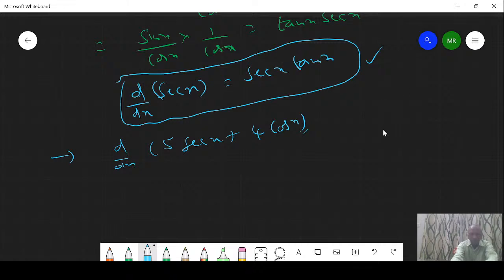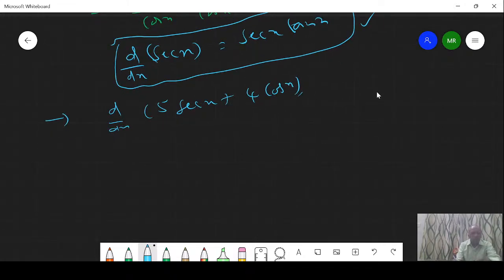Now to simplify this, I can write 5 into d by dx of secant x, plus 4 into d by dx of cos x.